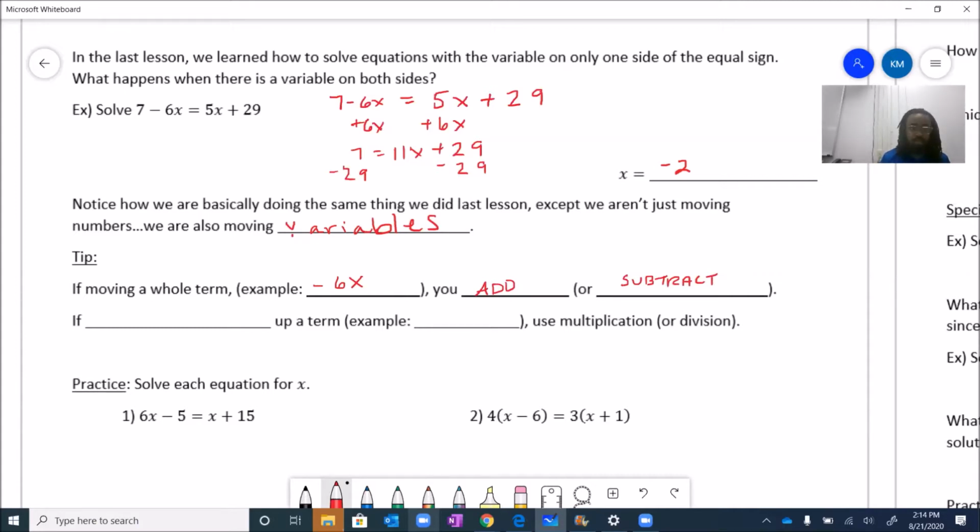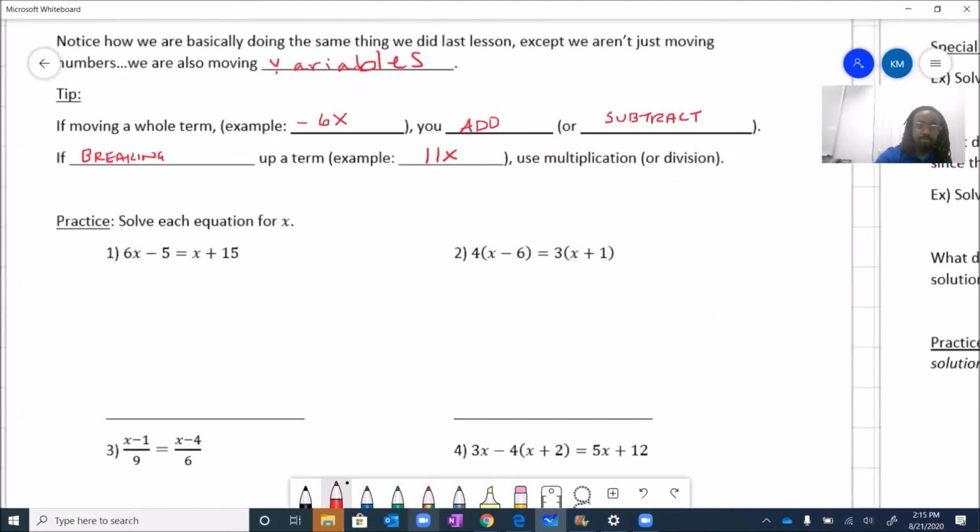But if you're breaking up a term, when we did that with 11x, you notice how we broke up the 11 and the x. Use multiplication or division, depending on what's being taken away. If it's a fraction, we'd multiply it. If it's not, then we divide.